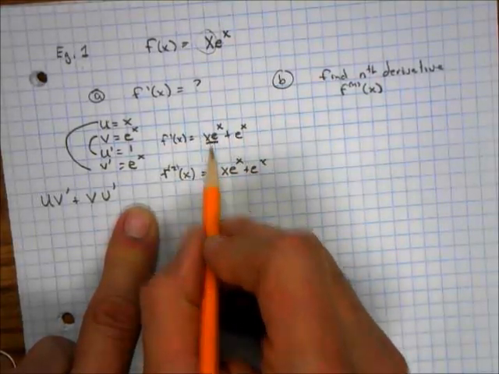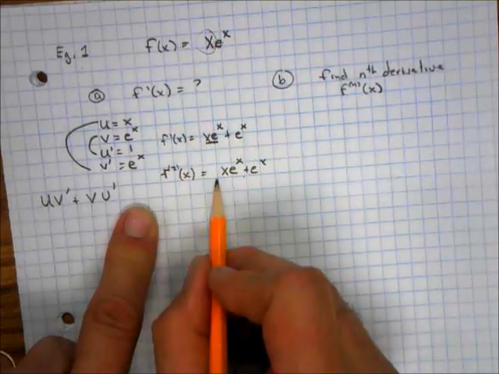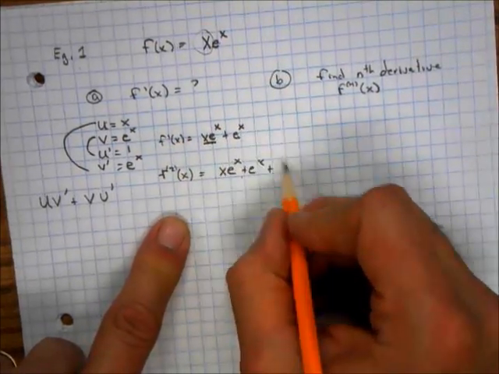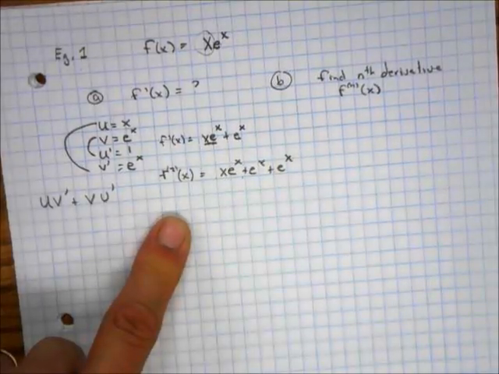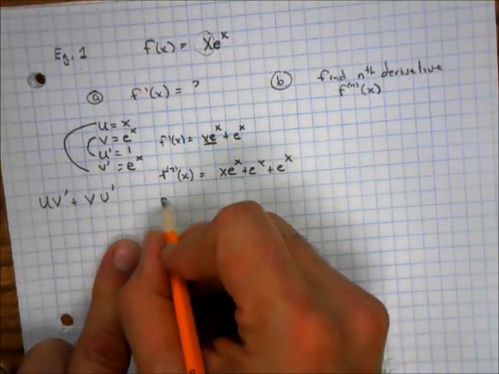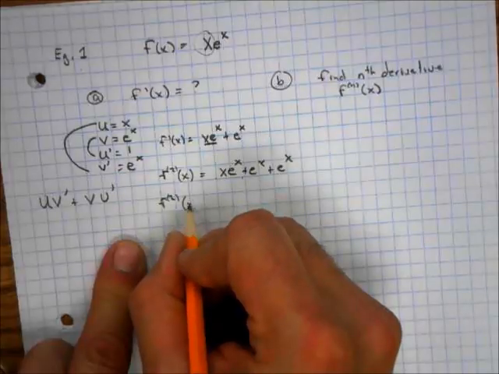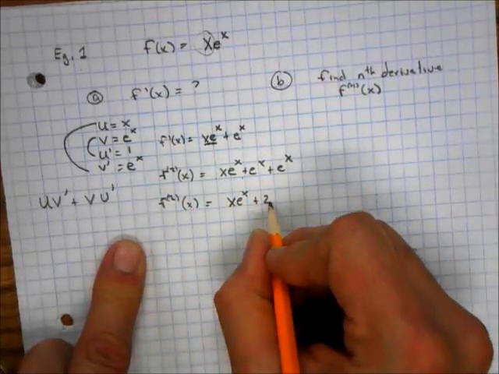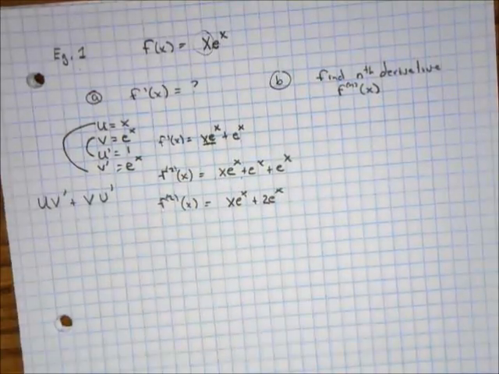The derivative of that is this. I just took the derivative of that. And then the derivative of this is plus e to the x. So I can simplify that. The second derivative is x e to the x plus 2 e to the x.